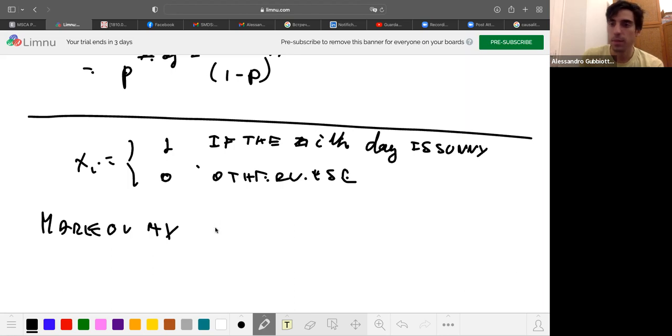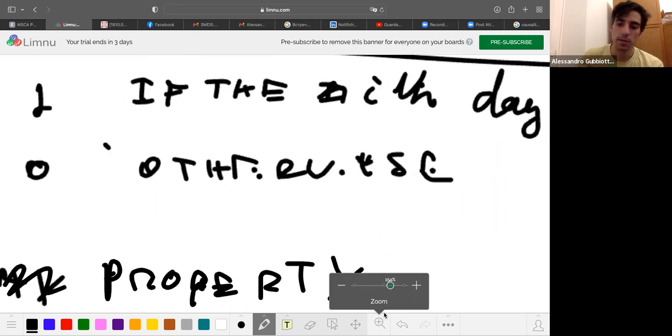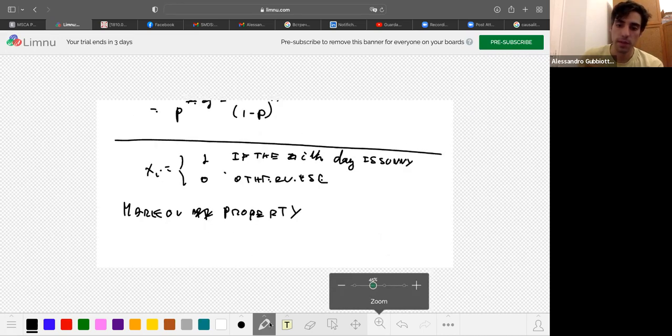This is called a memory loss property, and it's a property which simplifies a lot the above expression.